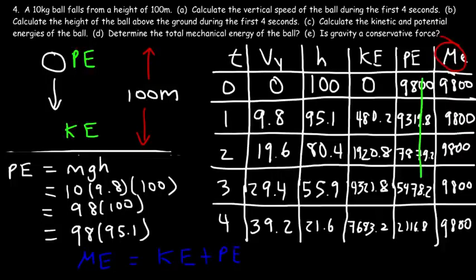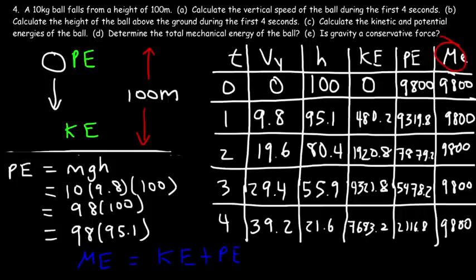Notice that the potential energy decreases from 9,800 to 2116.8. Once it hits the ground, the potential energy will be 0. And while it's falling, the kinetic energy increases. The object is falling down with greater speed. The speed is increasing. And so as the potential energy decreases, the kinetic energy increases, allowing the mechanical energy to remain constant.